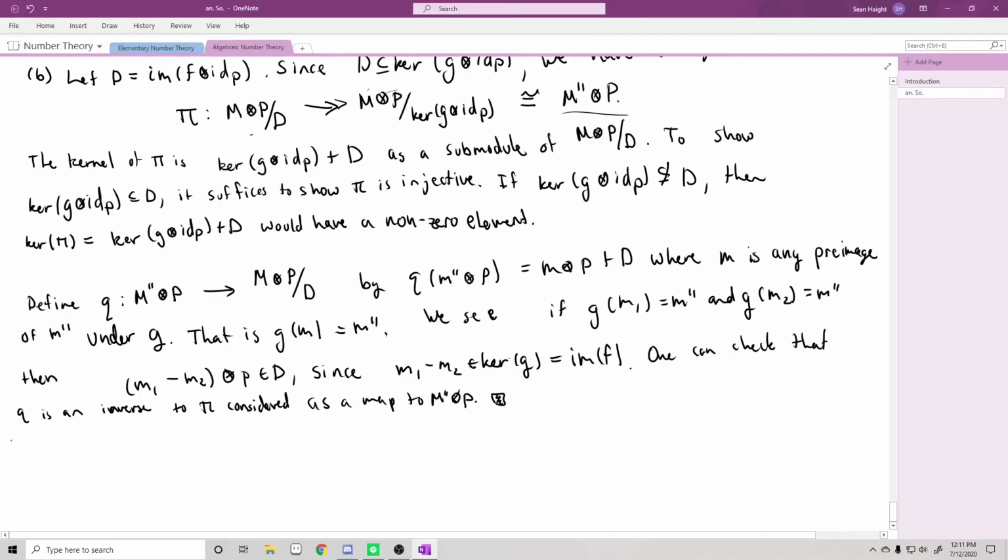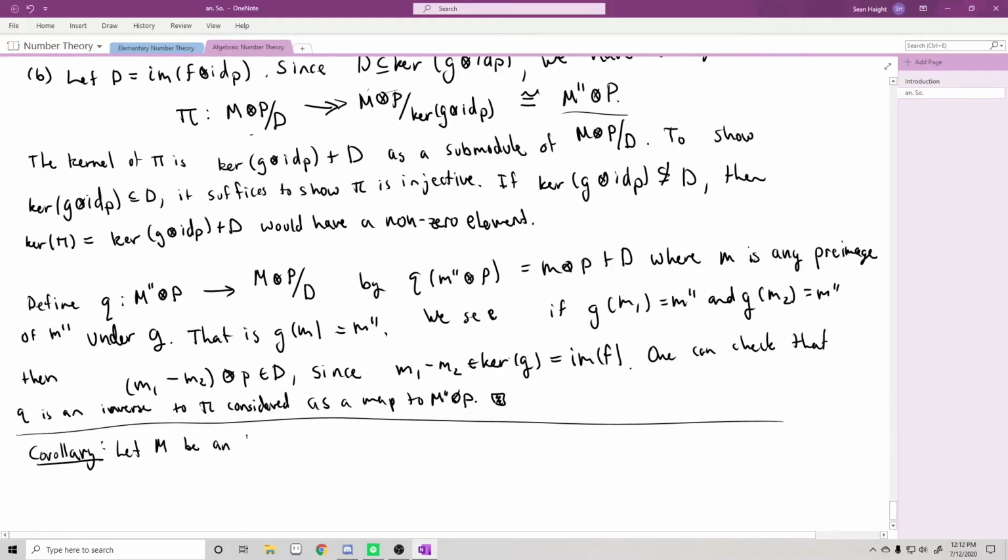Okay. And there are several important corollaries to this. So the first corollary I want to get out is I'm going to let M be an A module, and let this guy be an ideal.